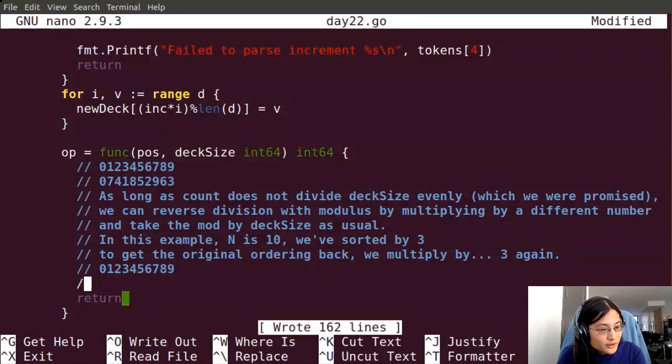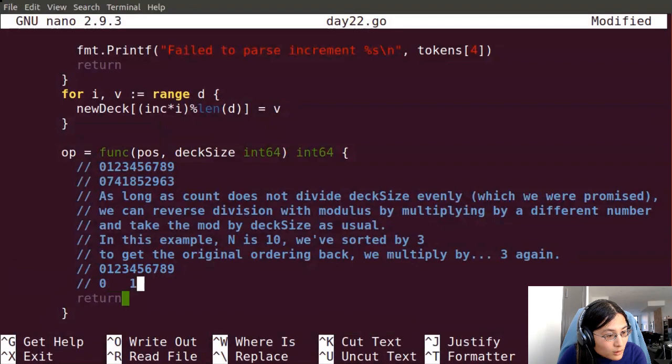If I do 4s instead, 0, 4, 2, 1, 2, 3, 4. That's correct.